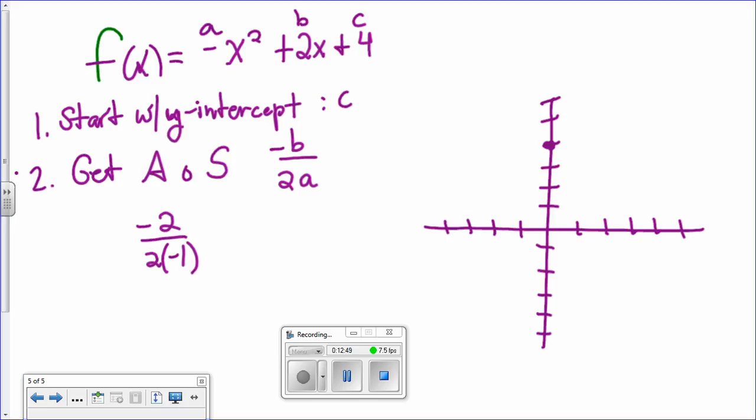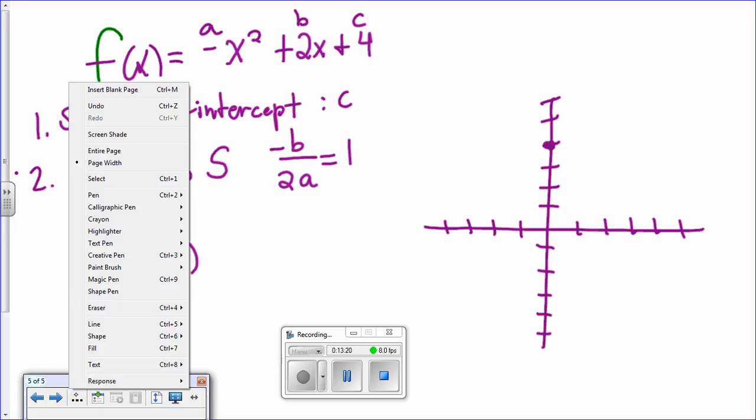Where did the negative 2 come from? The negative b. See, b is 2, and the formula says make it a negative. So it's negative 2 over 2 times a. A is negative 1. We don't write 1, but it is negative, so it's negative 1. What's negative 2 divided by 2 times negative 1? It's 1. So I have an axis of symmetry at the line x equals 1.